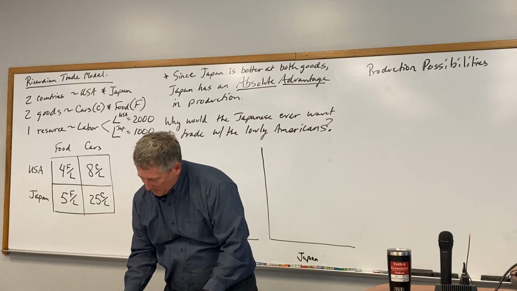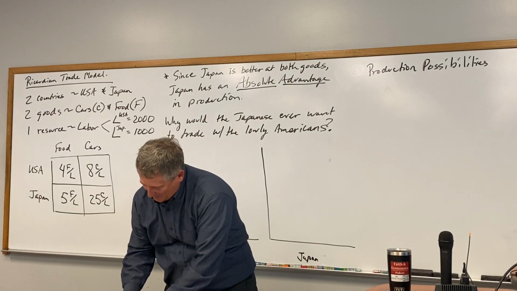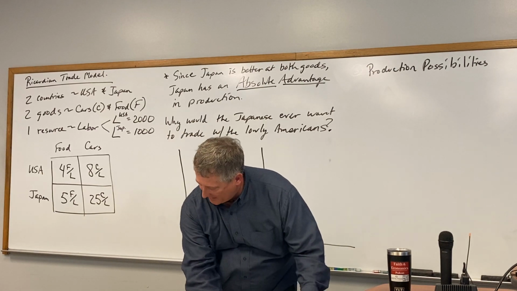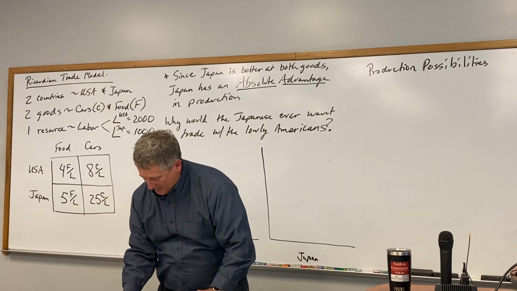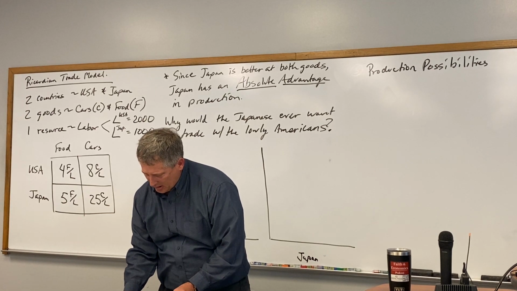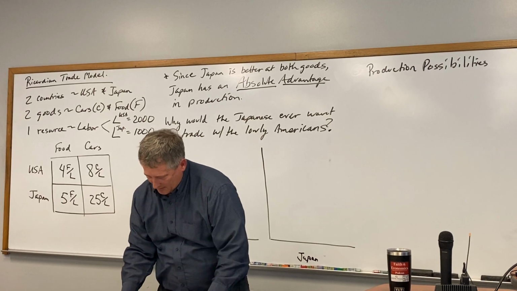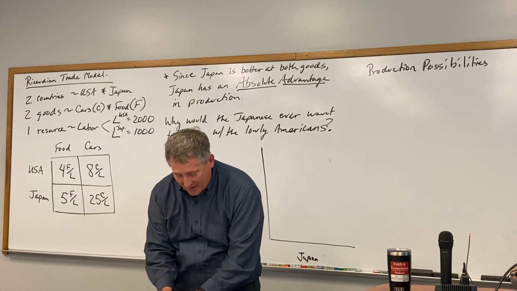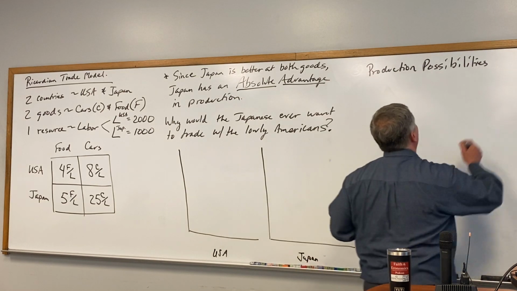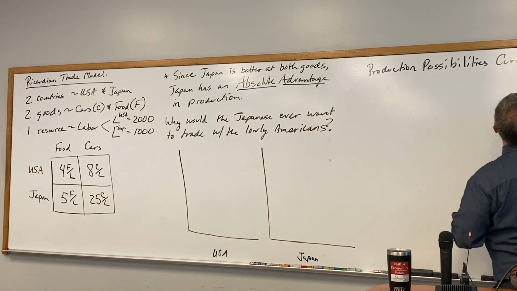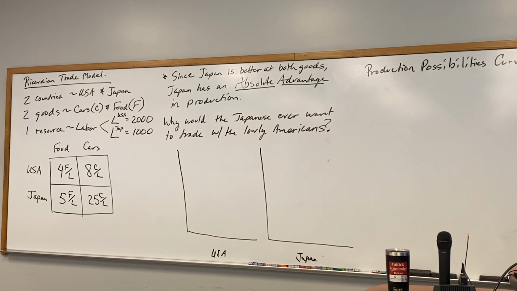I always hated it when professors weren't consistent with what the textbook called it, so that's why I try to do that for you guys. I'm almost positive it's the curve. All right, oh, there it is. I found it. It's the curve rather than the frontier. So we call it the PPC instead of the PPF.